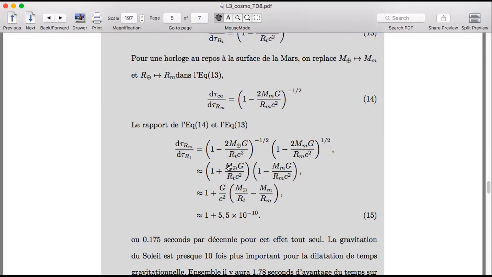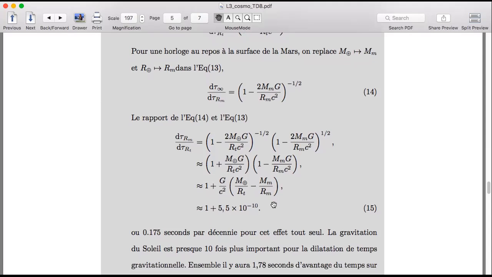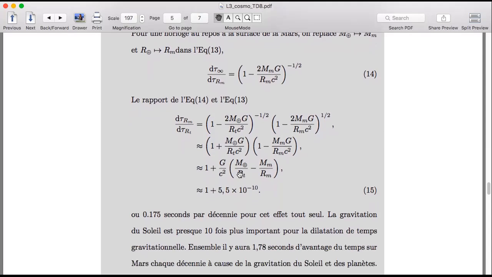And I'm going to factor out the G over c squared, but keep the mass over the radius, and mass over radius here. And the key thing is the radii are a little bit different, but the masses are hugely different.